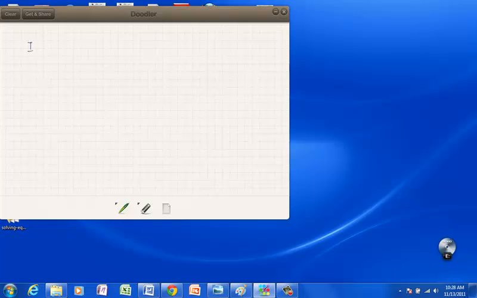So if there's variables on both sides, the first thing you're going to want to do is add or subtract to move all the variables to one side. Technically, it's all the terms with the variables to one side.